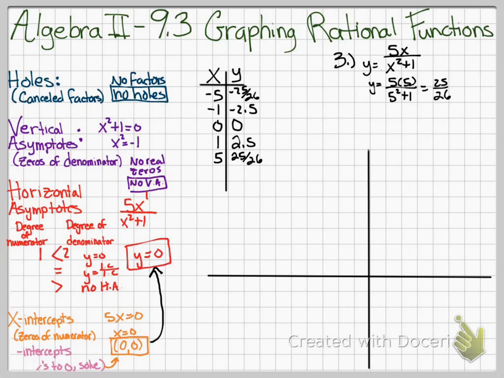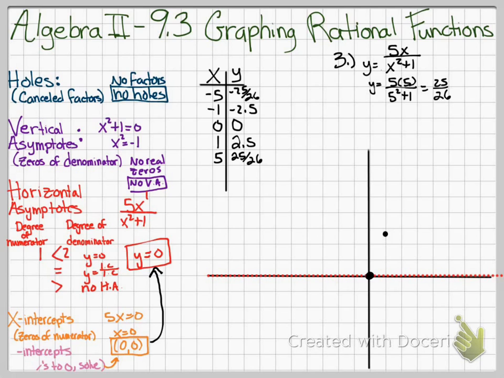Okay, so let's see if we can get an idea of this graph just from those 5 points. If we can't, we can always go back and get more. So put in your horizontal asymptote first, and let's plot our points. 0, 0. So we're already violating our asymptote. 1 and 2.5.